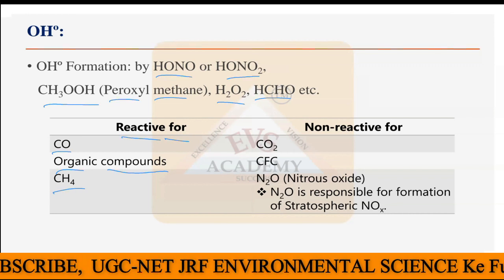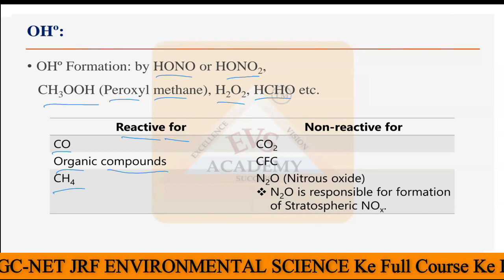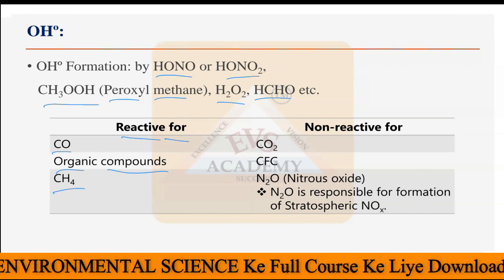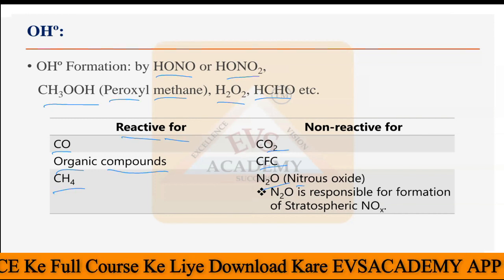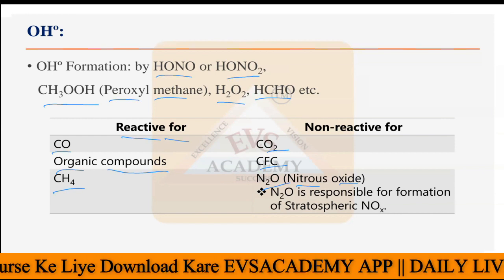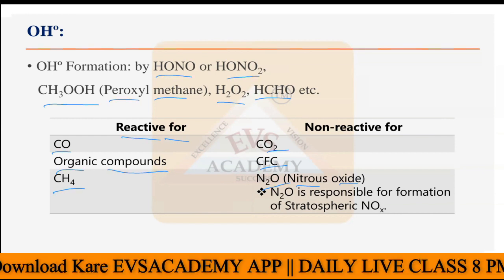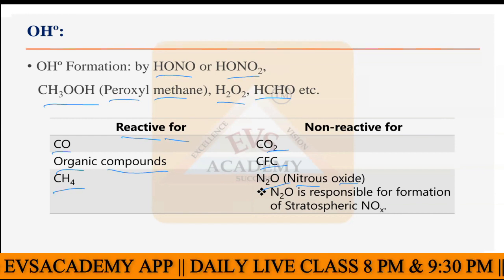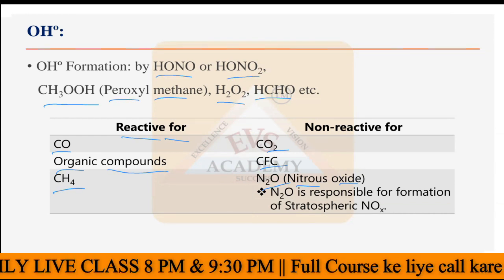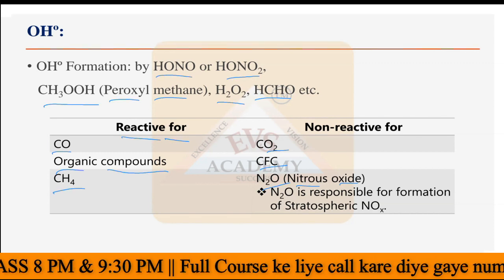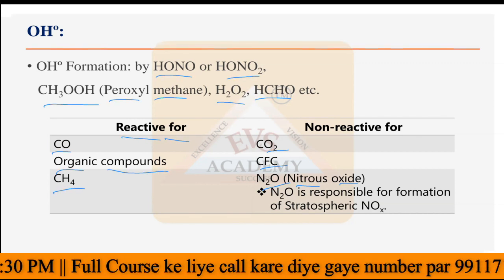While it cannot remove the carbon dioxide present in the atmosphere, or chlorofluorocarbons, it cannot react with those. And N2O, nitrous oxide, also cannot be removed with the help of the OH radical. So this is the limitation of the OH radical. Otherwise, it is a very effective natural process of removing carbon monoxide, organic compounds, and methane from the atmosphere.